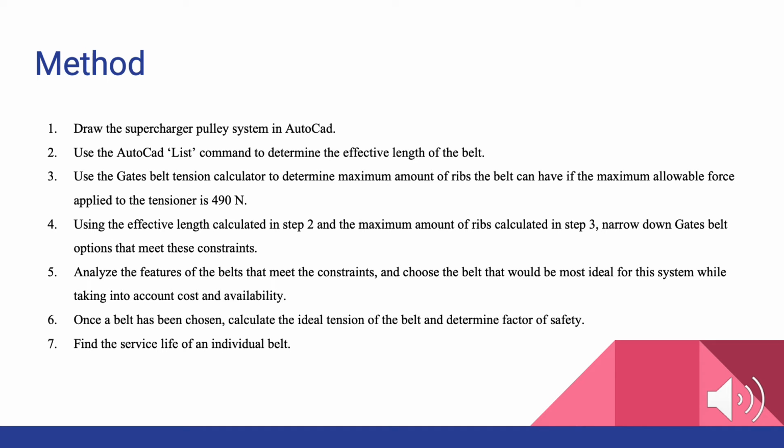We analyzed the features of the belts that meet these constraints and chose the belt that would be most ideal for the system while taking into account cost and availability. Once we have chosen a belt, we calculated the ideal tension of the belt and determined the factor of safety. Then we found the service life of the individual belt.